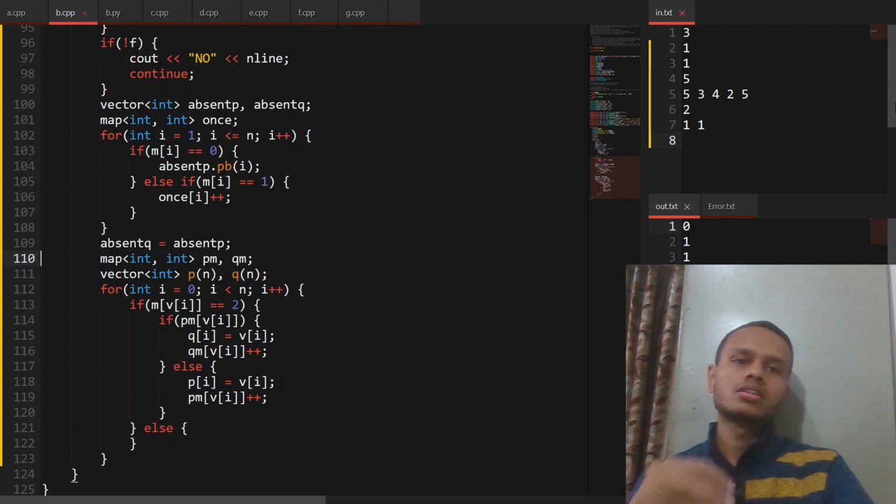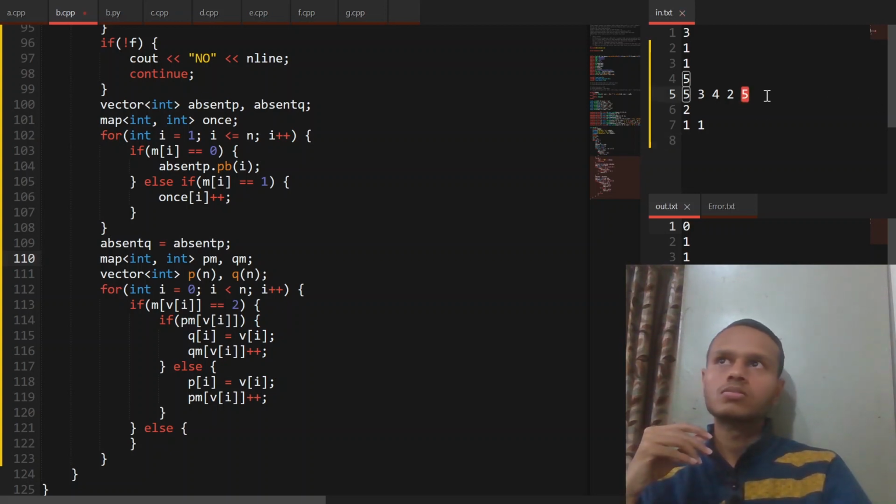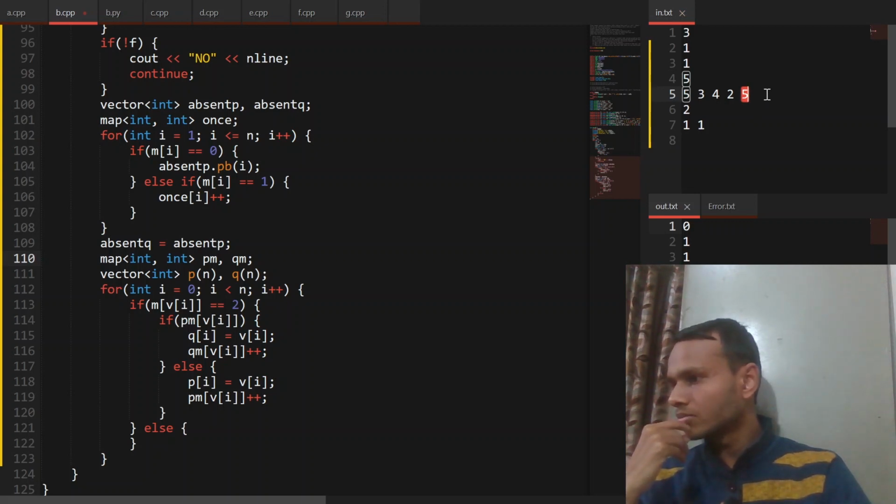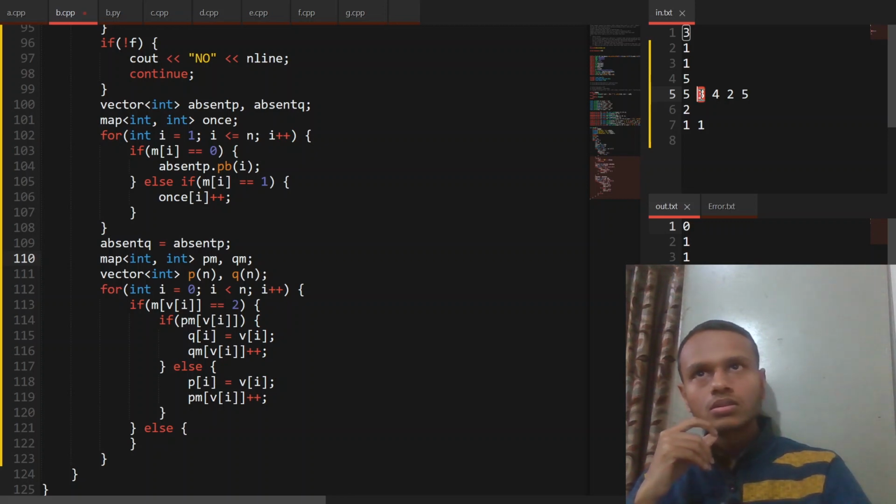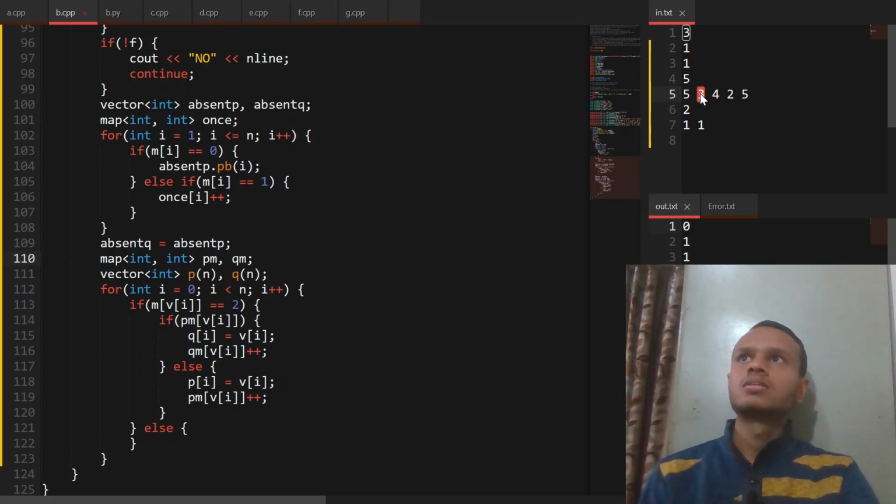The thing is, let's say 5, oh, 5 cannot be absent, right? So let's say some element, let's say 3 is occurring twice. Can 3 occur twice? Let's say 3 is occurring twice, then let's say first I am putting 3 in p, and then for q it should be a smaller element at all costs.